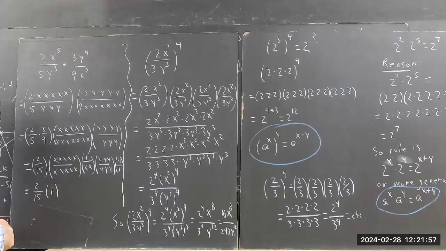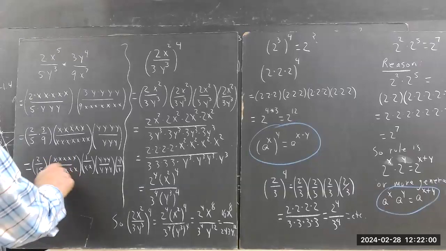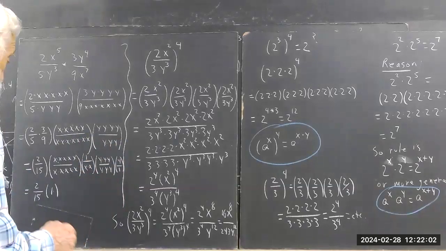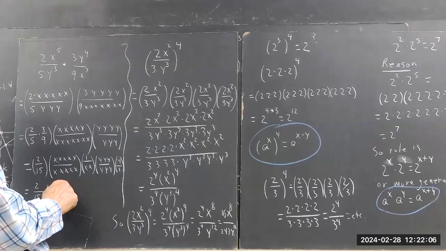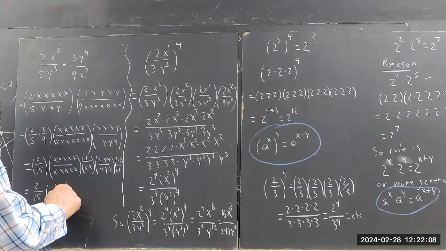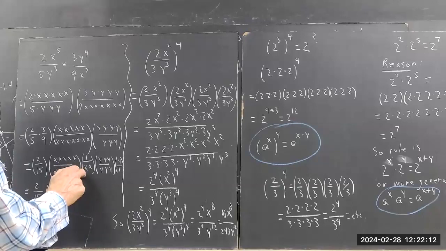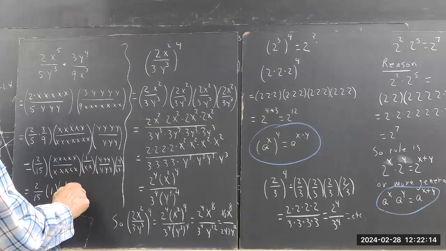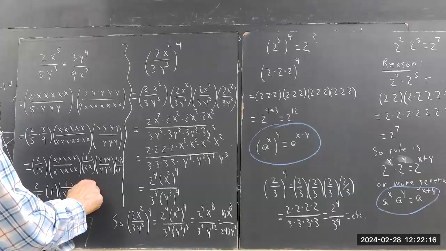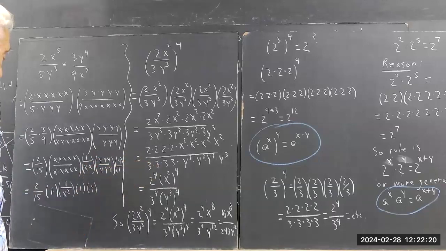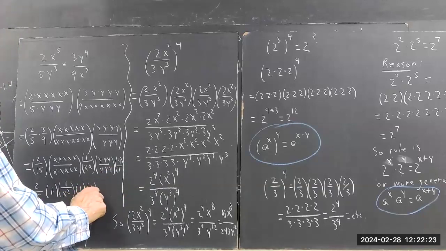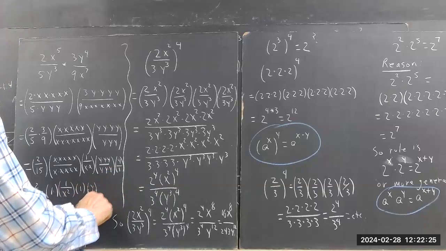That just gives me 1. Now, some people say those cancel out. Well, I don't like cancellation. All right, my x times x is x squared. And then y I'll write as y over 1.